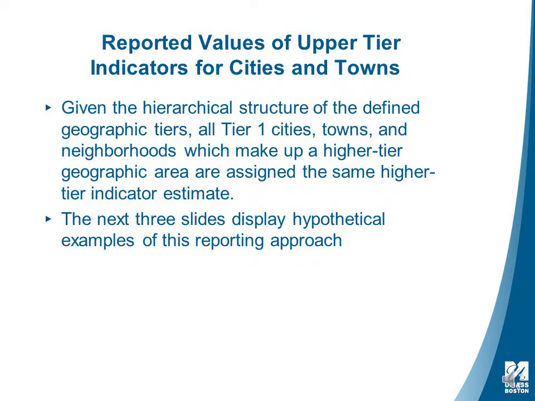Given the hierarchical structure of the defined geographic tiers, all Tier 1 cities, towns, and neighborhoods, which make up a higher tier geographic area, are assigned the same indicator estimate for higher tiered indicators. The next 3 slides display hypothetical examples of this reporting approach.